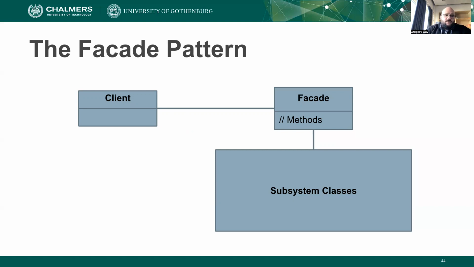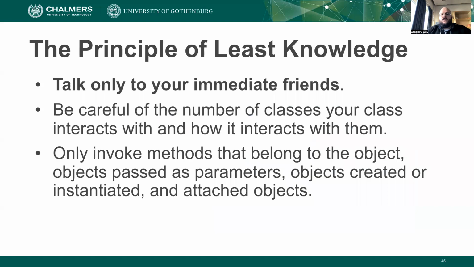This leads us to another really important design idea. We call this principle of least knowledge, talking only to your immediate friends. In your code, you want to reduce as much as you can the number of interactions that take place between different objects when possible. When you're designing a class, you want to be careful of the number of other classes it interacts with and how it interacts with them.